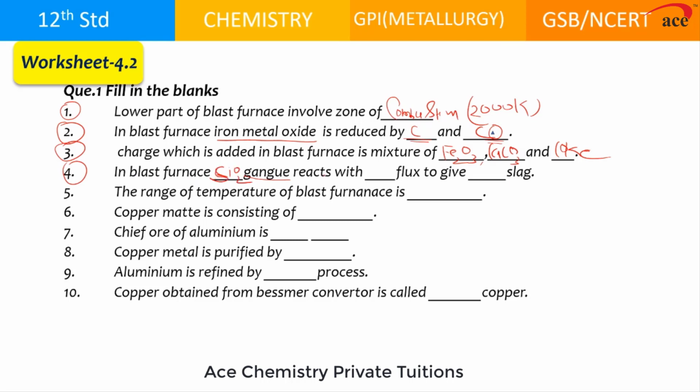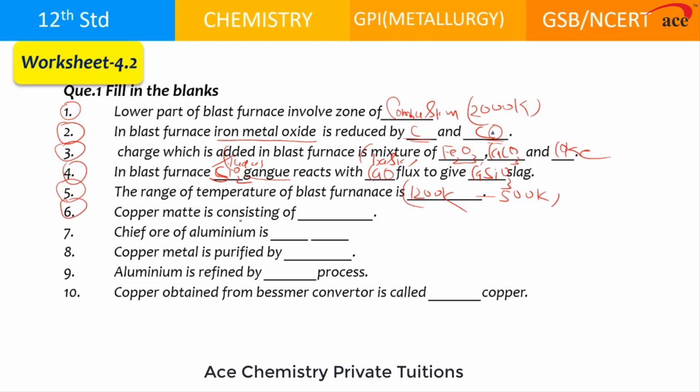The silica, which is an acidic gangue, reacts with the basic flux and gives slag as calcium silicate. The range of temperature of the blast furnace is 1200 Kelvin to 500 Kelvin.